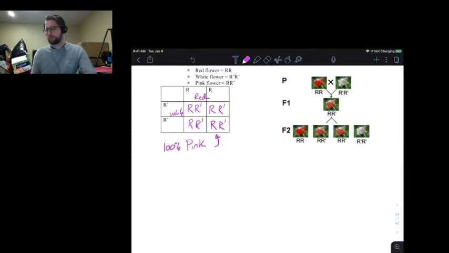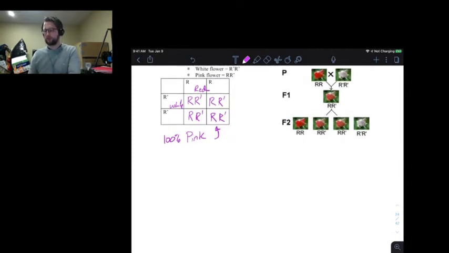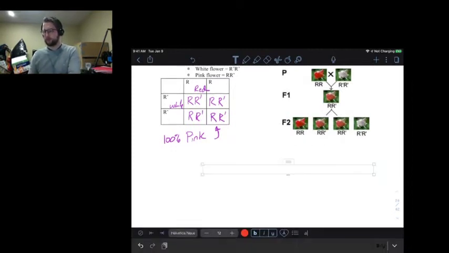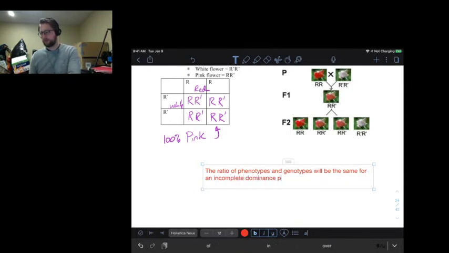So the ratio of phenotypes and genotypes will be the same for incomplete dominance inheritance. I cannot get myself to write inheritance correctly the first time around.